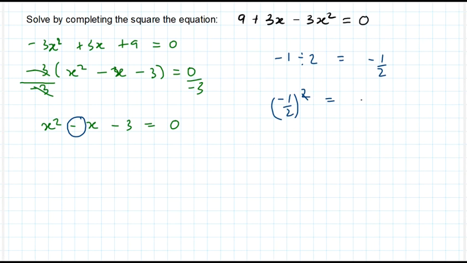We get 1 over 4, and now we have to add new terms to our equation and also break down the coefficient of x, so that we can have more terms. So let's add a new term, which is 1 over 4, and also subtract 1 over 4 because we have to keep our equation balanced.